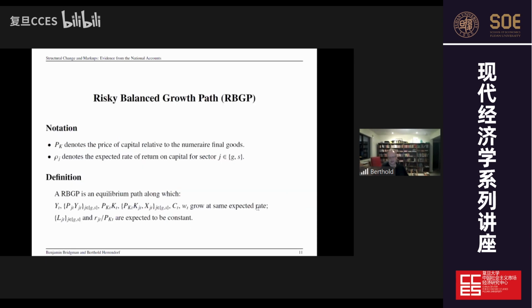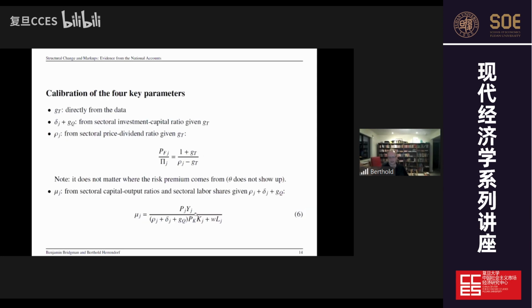If you look at the calibration, one way for higher markups is the payments to labor fall. Another way is the user cost of capital fall. And this is something that people have actually focused more on because they think that's quantitatively more important.